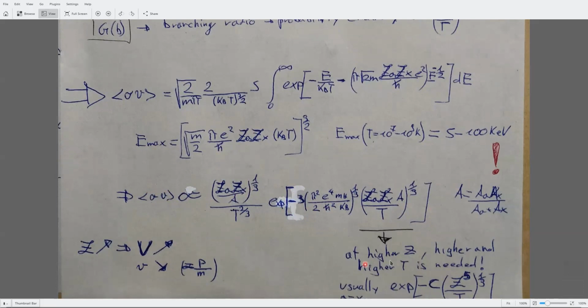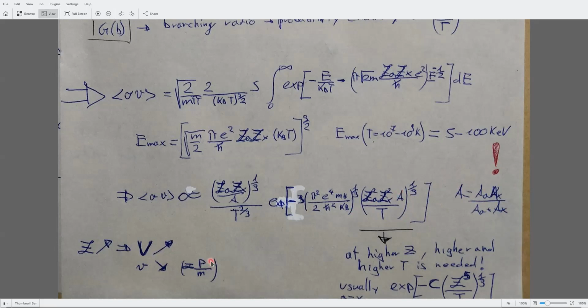It is this value that depends on the atomic number of the particle, the temperature, and here A is the reduced mass number of the two particles.